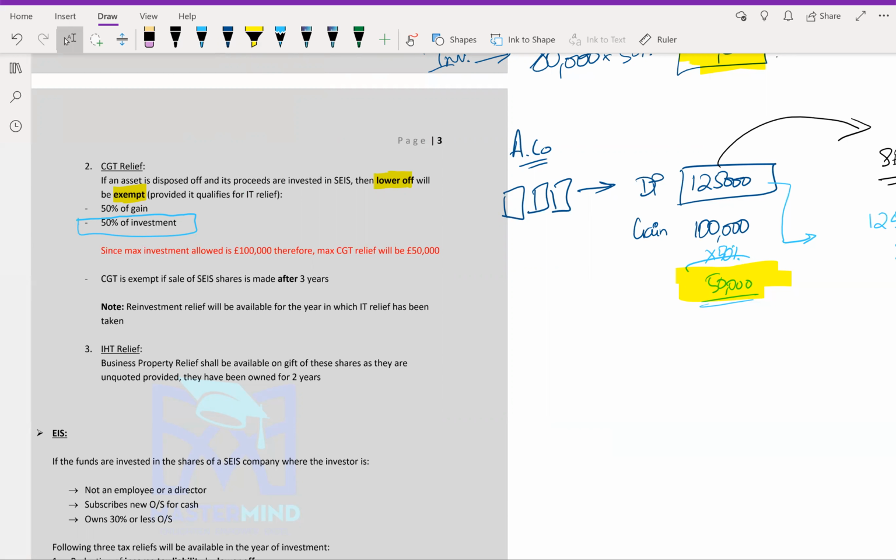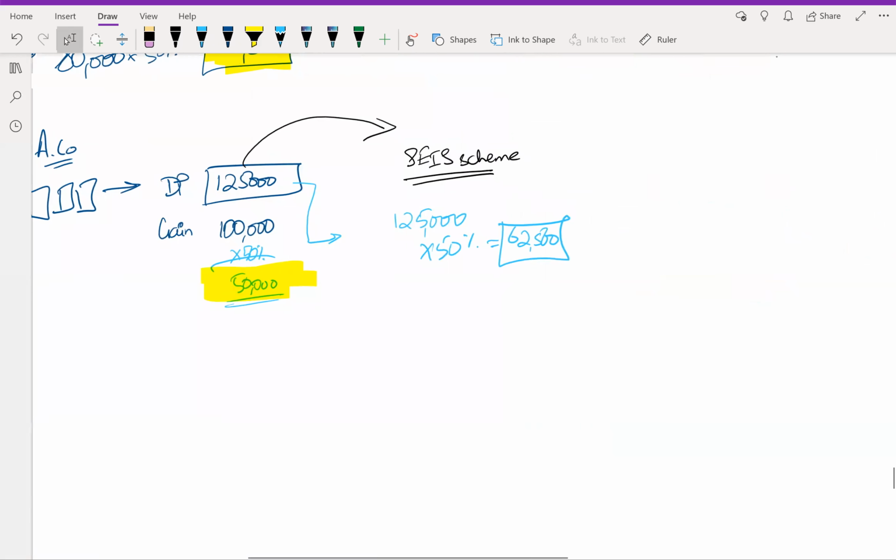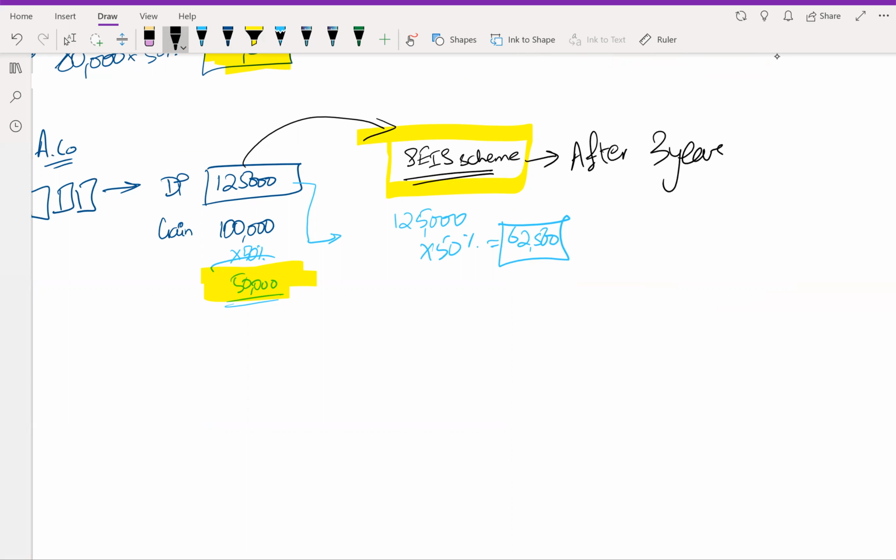CGT is exempt if the sale of SEIS shares is made after 3 years. So if these shares that you've invested in are sold after 3 years, the gain on these shares will be exempt.